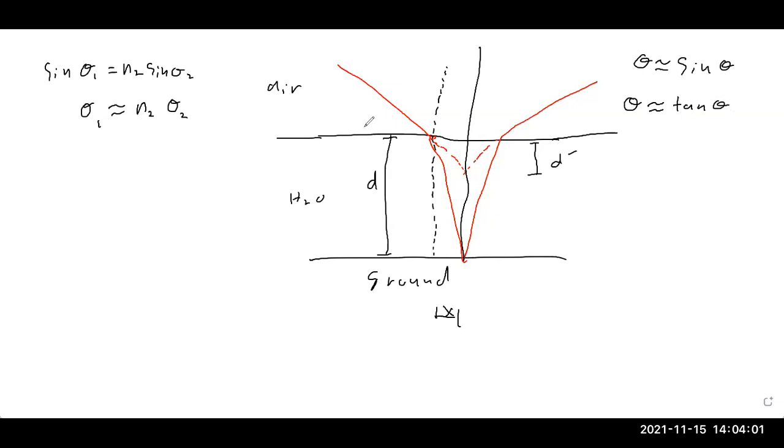So our theta 1, a tangent of theta 1, is going to be our opposite, which is x, over our adjacent, d prime.